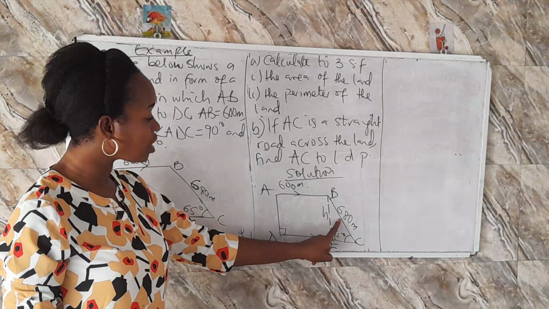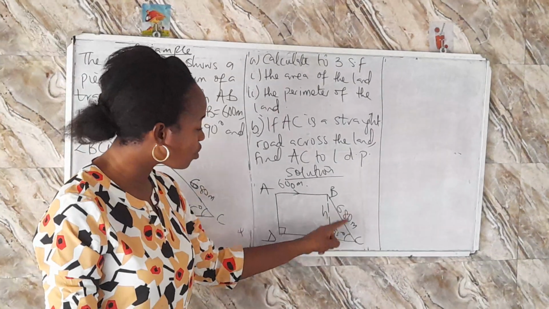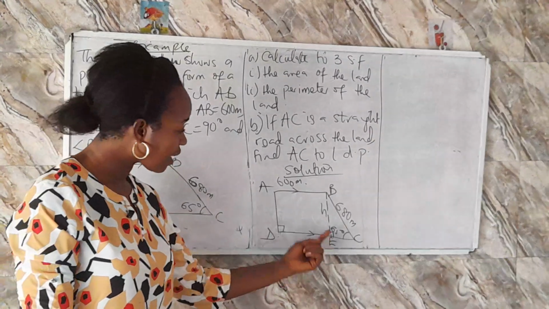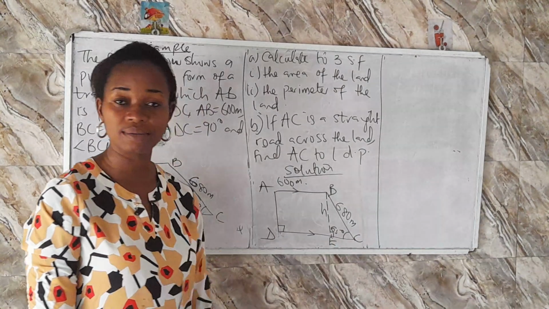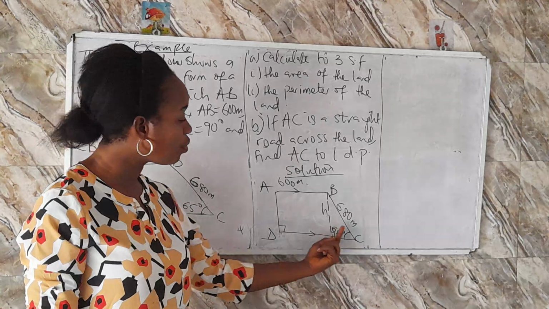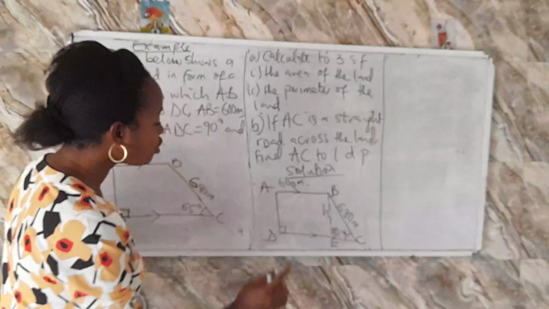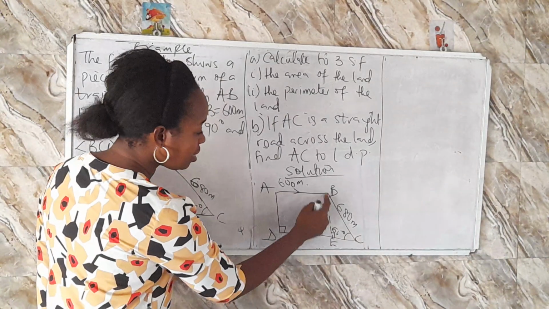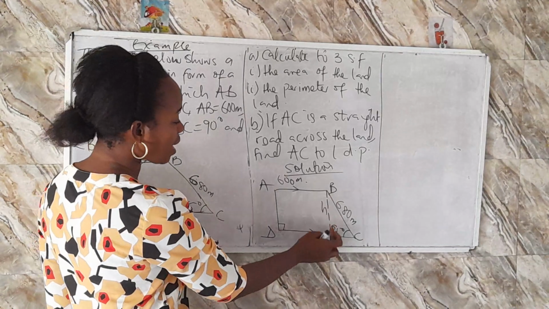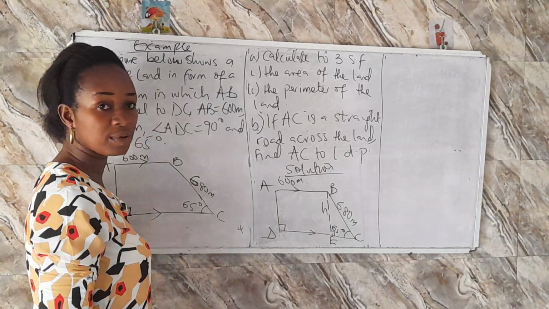Now using this right angle triangle, we can find the value of h here, and we can find the value of EC. So this height here becomes the opposite of angle 65 degrees. Also note that BE and AD will be of equal length. So if you're able to get the height of the trapezium, it will be equal to AD as well.